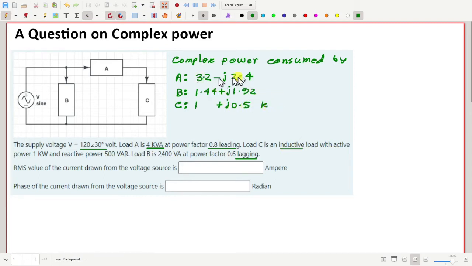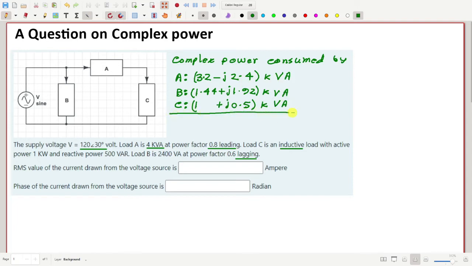All these units are kilo, and the dimension is volt ampere. That means watt for the real component and VAR for the imaginary component, so dimension wise this is equivalent to kilovolt ampere.